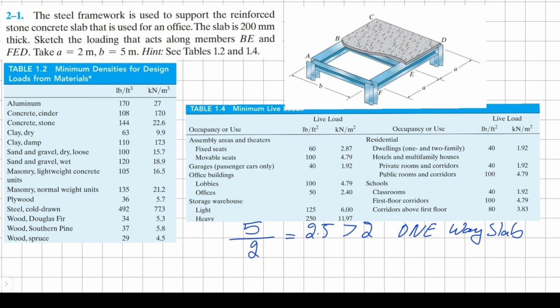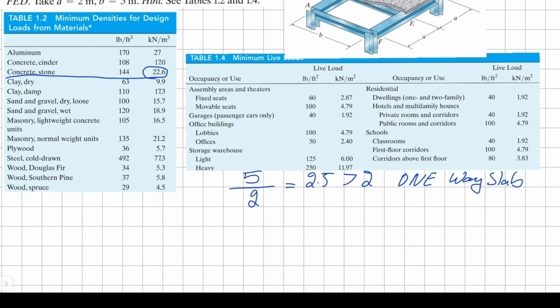Now, you know that this is stone concrete slab. Stone concrete in our Table 1.2, minimum densities for design loads, is 22.6.